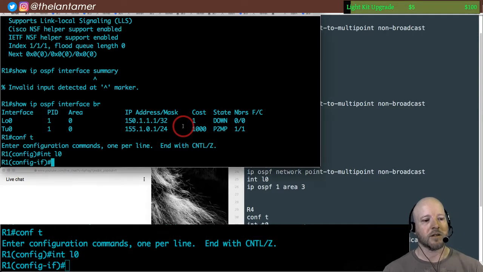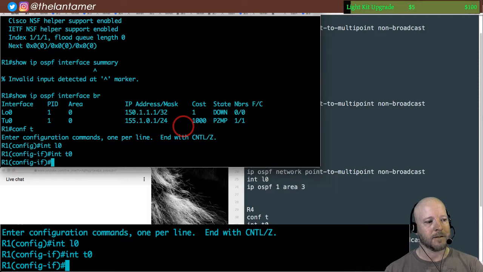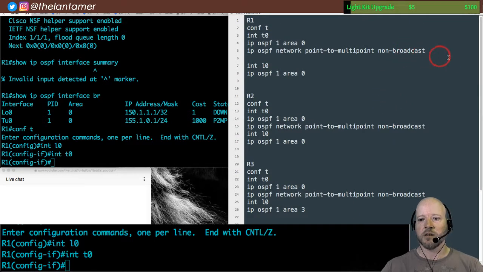Okay, this will change it. Interface tunnel 0. Okay. So when it said change it to non-broadcast, it meant literally use the command non-broadcast instead. We got too fancy here.